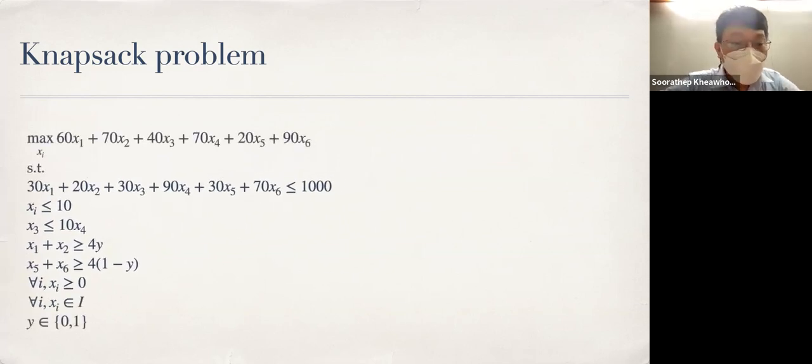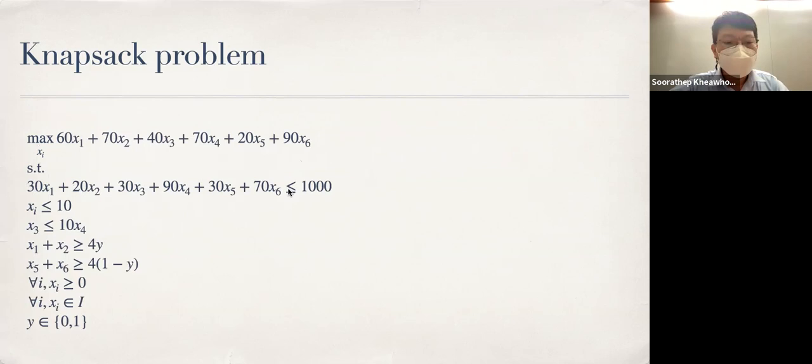For the knapsack problem, this is the solution. We maximize our objective function. Oh, I forgot y here. The decision variable should be y also, not only xi. Okay, here we should have y and xi.